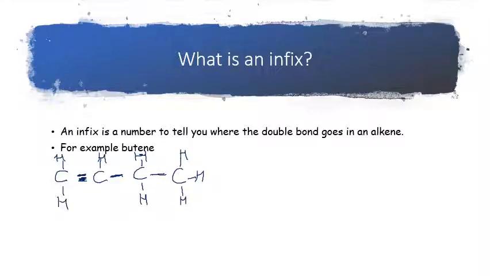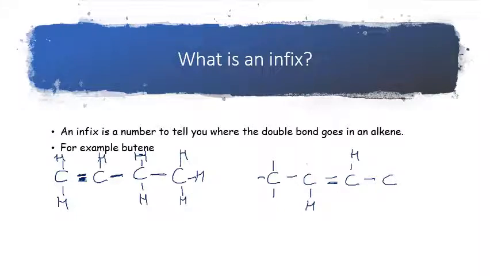But like I stated, butene could also have the double bond after the second carbon. So I'm going to draw butene again, but I'm going to put the double bond after the second carbon. So we've got 1 bond here, 2 bonds, 3 bonds, 4 bonds. The second carbon has got 3 bonds, so I'm going to draw another bond just to be different. I'm going to put a hydrogen there. The third carbon in has 3 bonds, I'm going to draw another bond there.